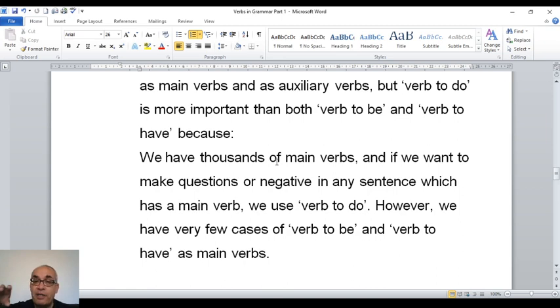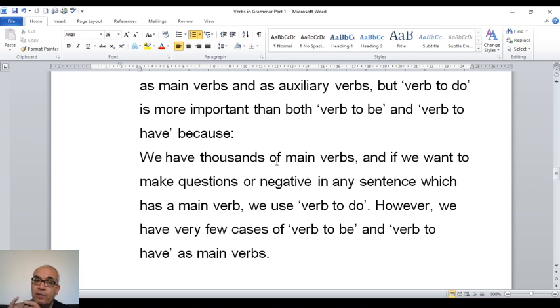So because we have thousands of main verbs, if you want to make a question, what do you use? Verb to do. If you want to make negative, what do you use? Verb to do. Of course, when I say verb to do, I mean do, does, and did, all the family. So that is why verb to do is the most important verb in English.